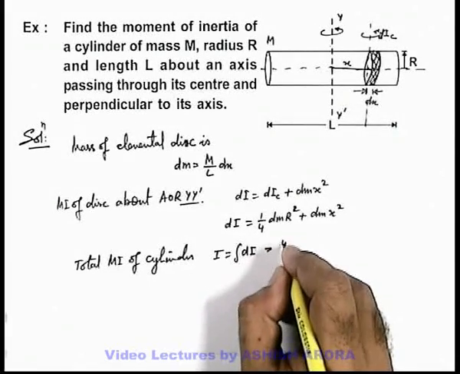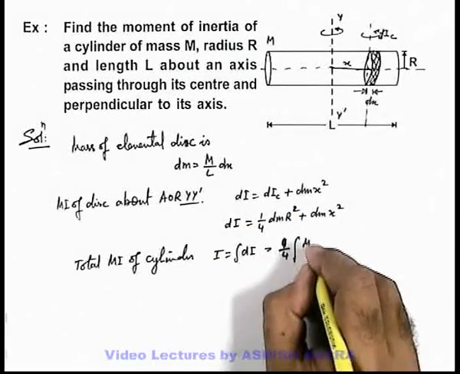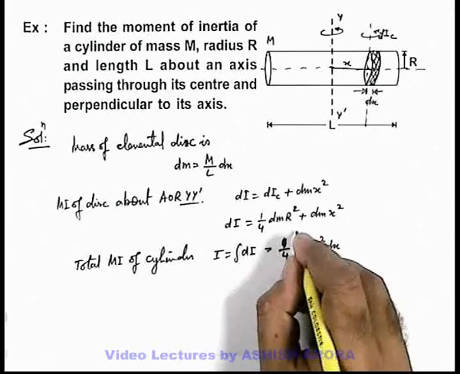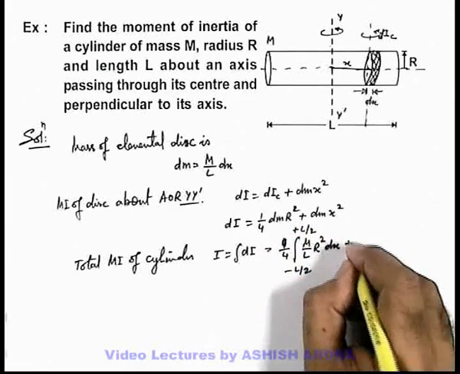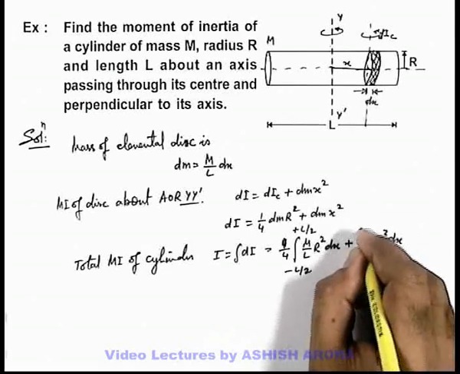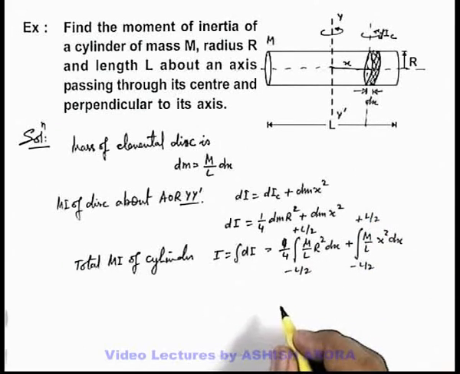This can be written as 1 by 4, integration of dmr square, that is m by l r square dx, from minus l by 2 to plus l by 2, plus m by l x square dx integration from minus l by 2 to plus l by 2.